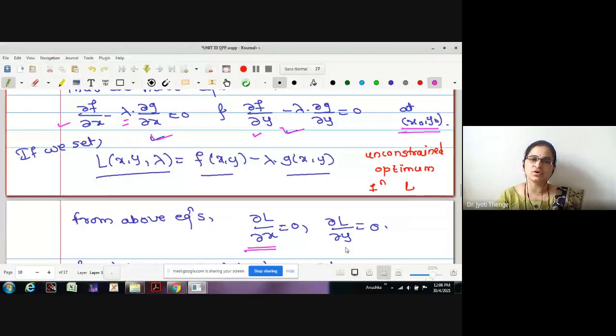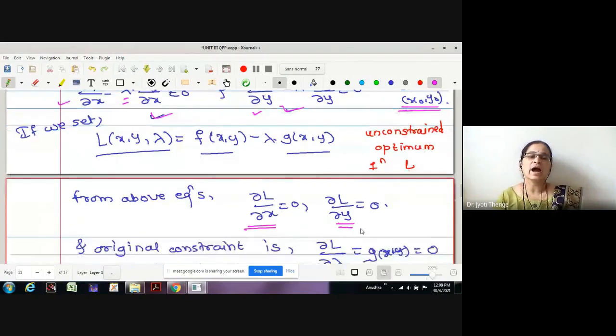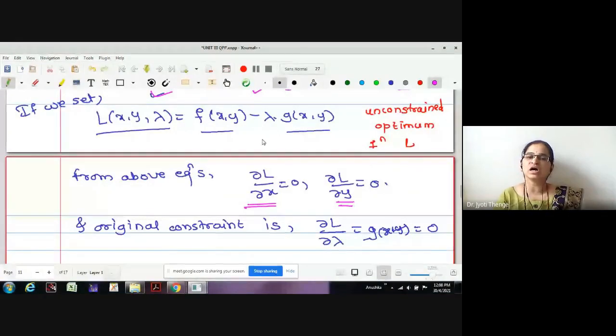The second equation is obtained by putting dou L by dou y equal to 0. And if I differentiate with respect to the Lagrange's multiplier, that is the parameter lambda, it gives us the original constraint equation. So there are three equations in our hand, and these three equations provide us the conditions for the optimization of this Lagrangian function L.